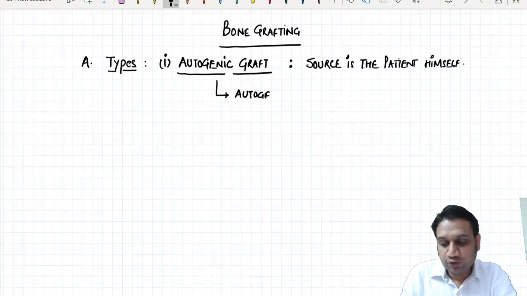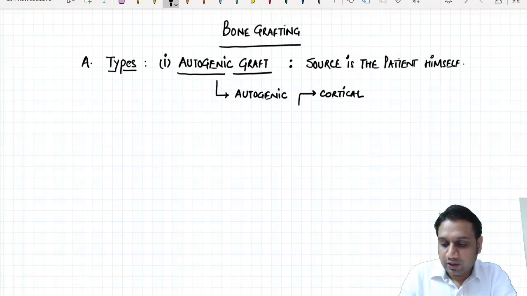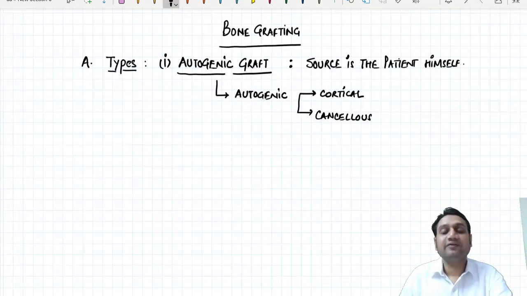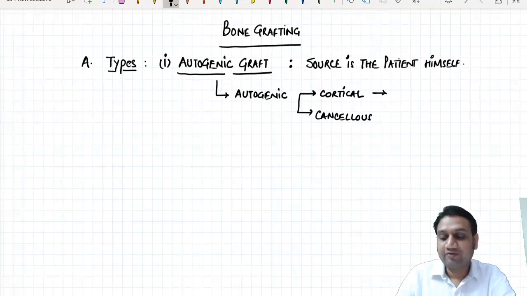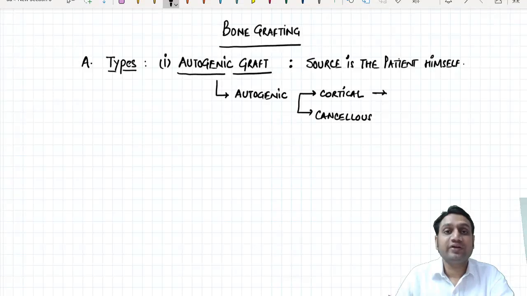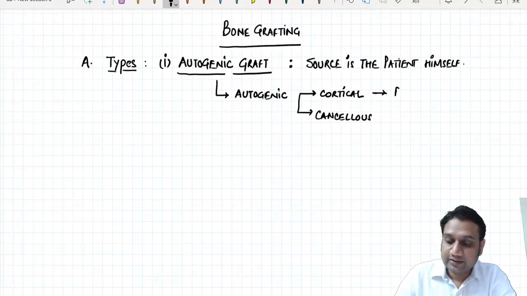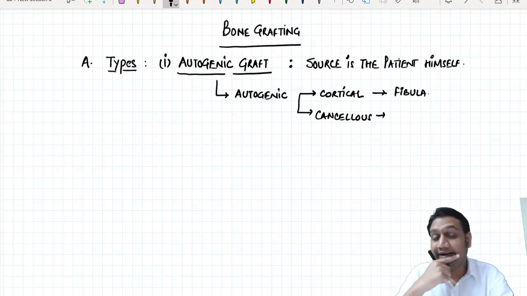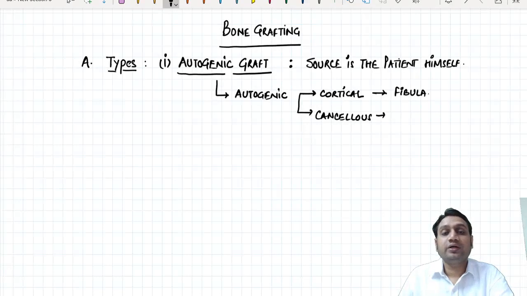These are known as autogenic cortical graft or autogenic cancellous graft. What is the meaning of this? Cortical means when you need the graft to provide stability, the strength. For example, the commonest bone which is taken out for cortical support is the fibula, right? And when you want an osteoinductive property, where you want to promote the formation of bone, then you take out the cancellous part.